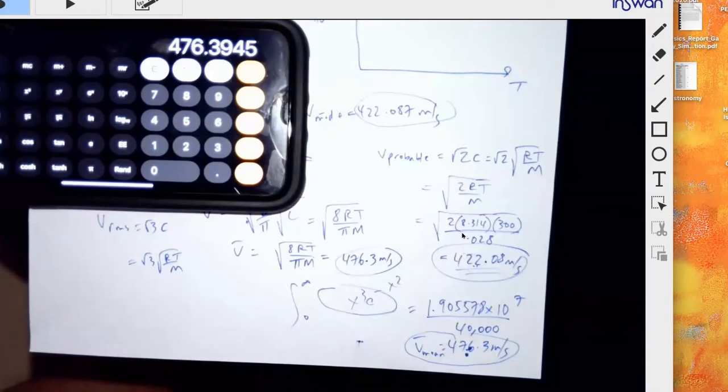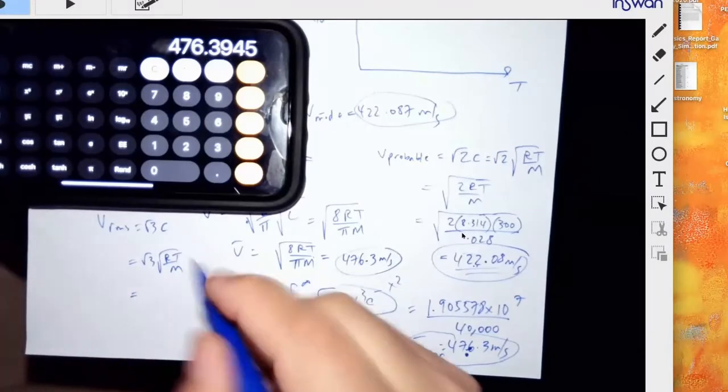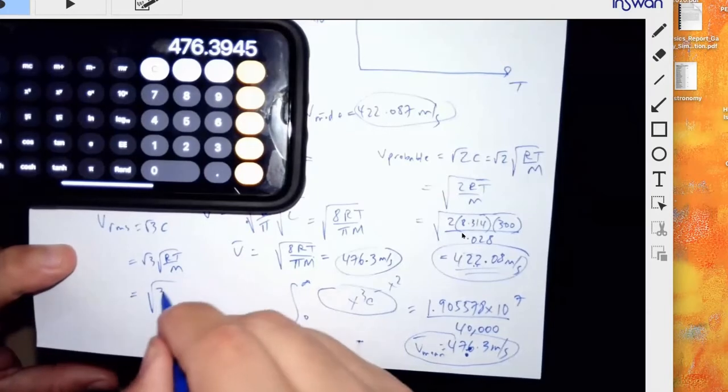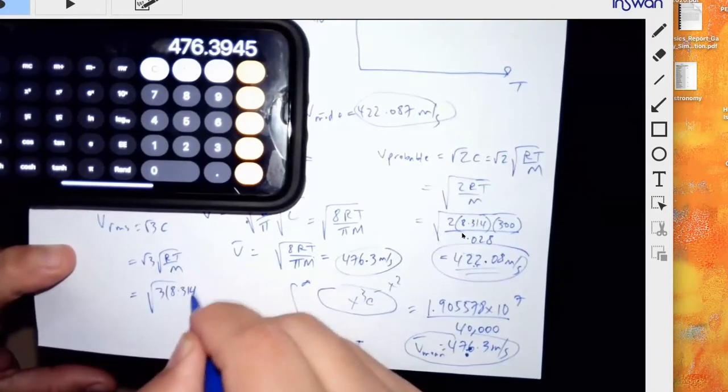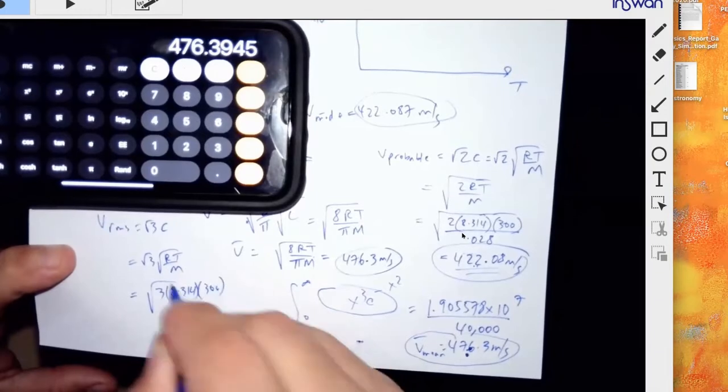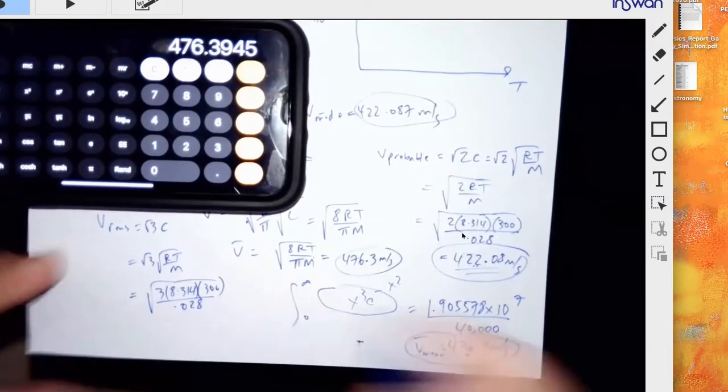Definitely. And then for the root mean square, okay, now I'm going to show you how we're going to do that. We're basically almost near the end, but yeah, it is kind of dragging out. 3 times 8.314 times 300 over 0.028.